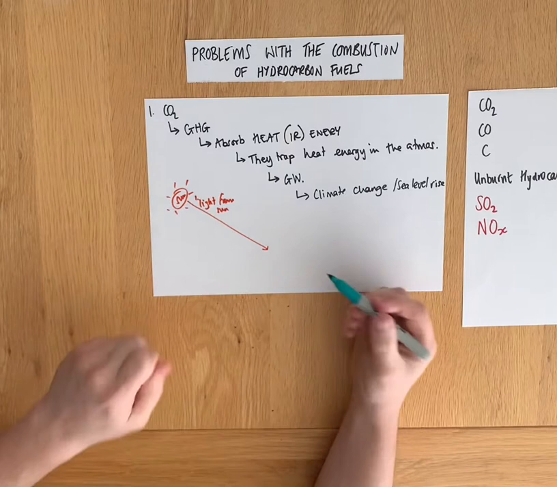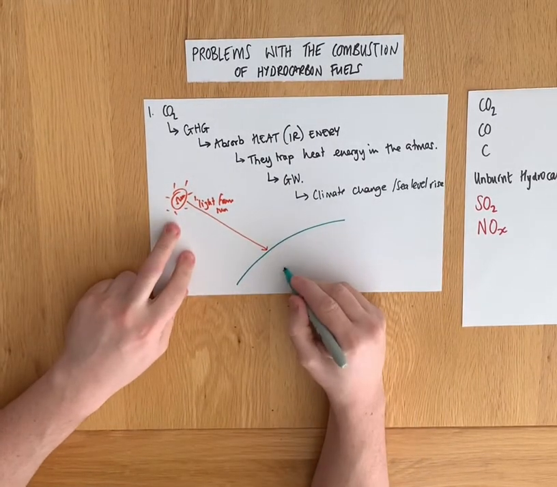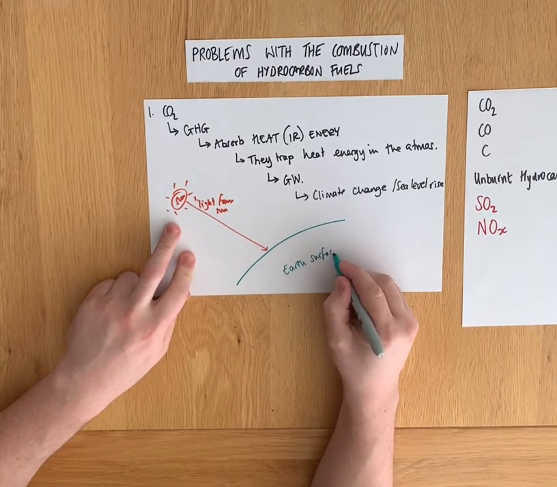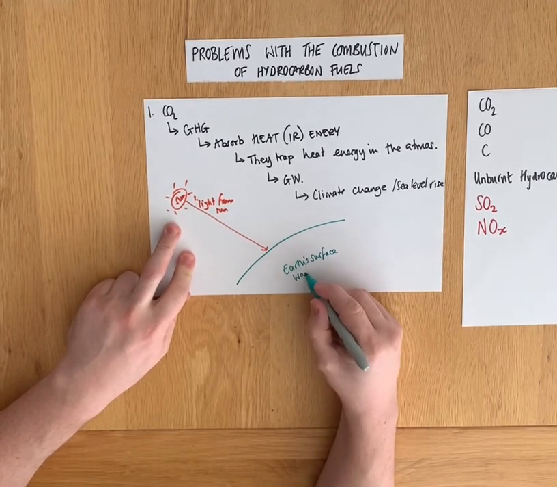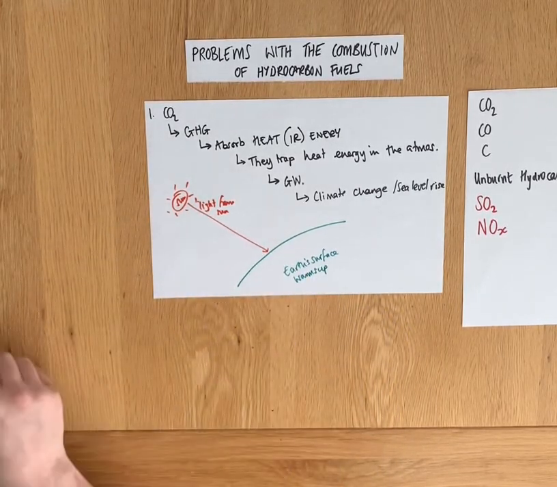I'll do it in this kind of colour here. And here's the planet Earth. Obviously this is not to scale, but the Earth's surface warms up when the light from the sun hits it.